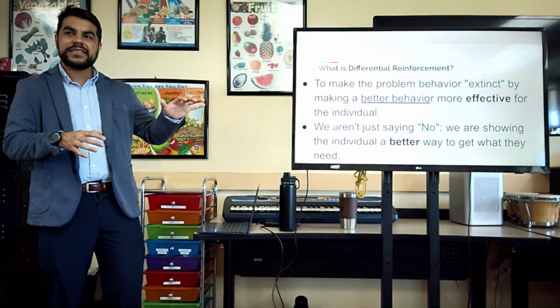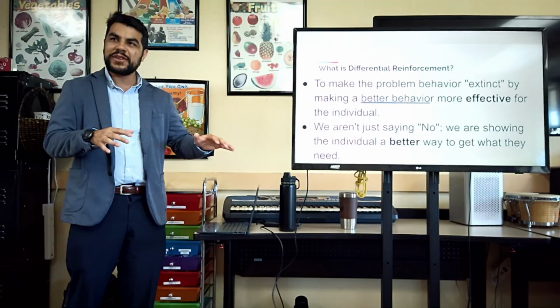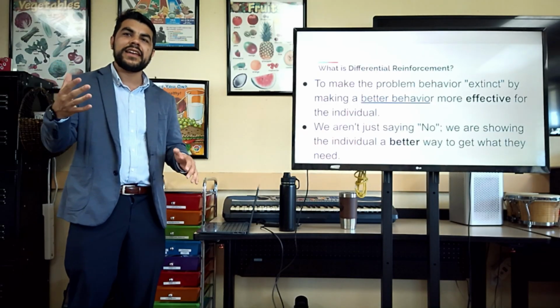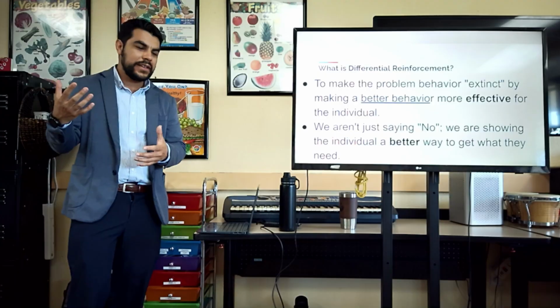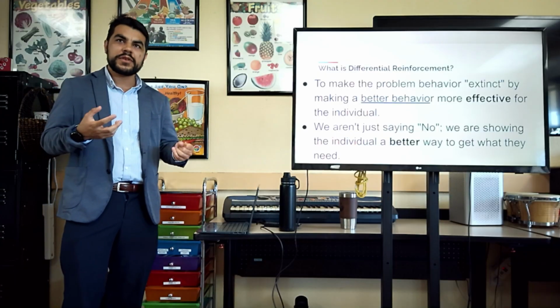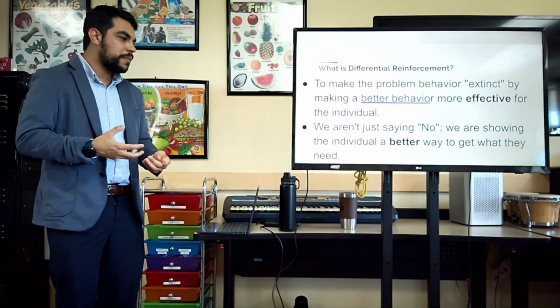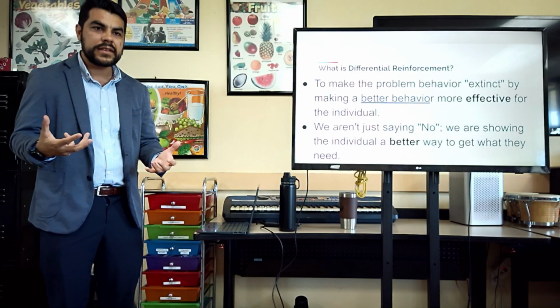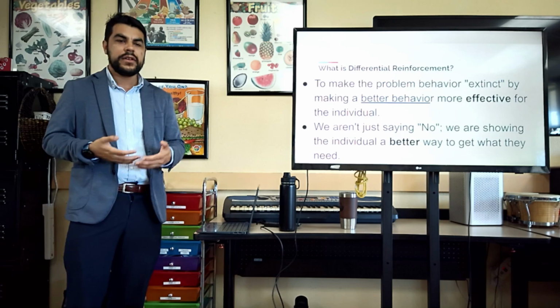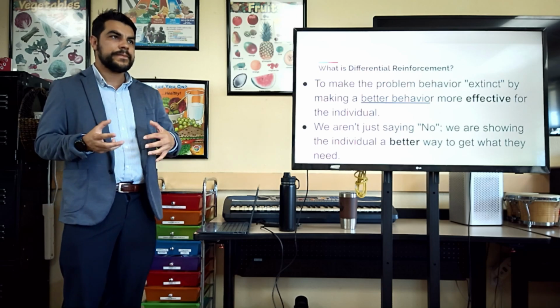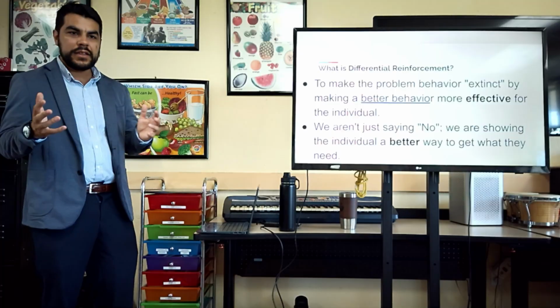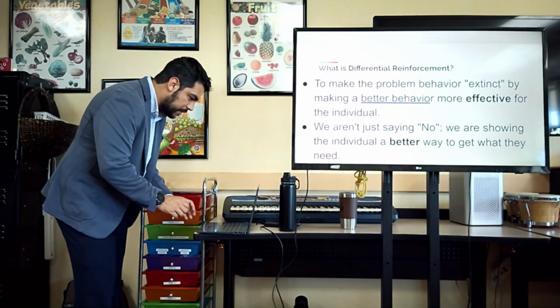We're saying, this is not the most efficient way for you to do it. Here's this other one, and you're going to get a lot more payoff. Because that's what differential reinforcement comes down to: getting greater payoff for doing things more appropriately while discouraging doing so less appropriately.